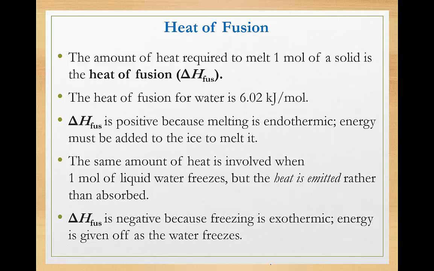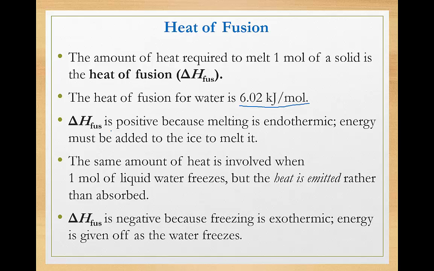So heat of vaporization is liquid to gas state. Going from solid to liquid state and vice versa is known as heat of fusion. So the amount of heat required to melt 1 mole of a solid to go from solid to liquid is the heat of fusion. For water, that is 6.02 kilojoules per mole.